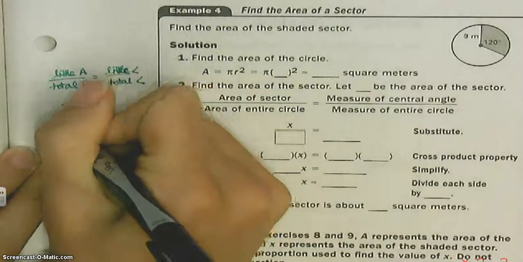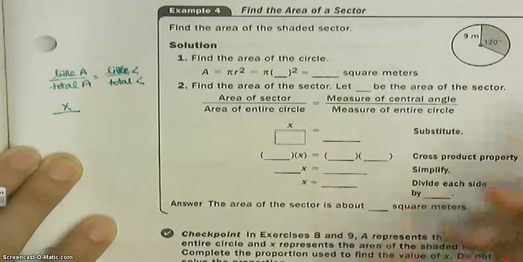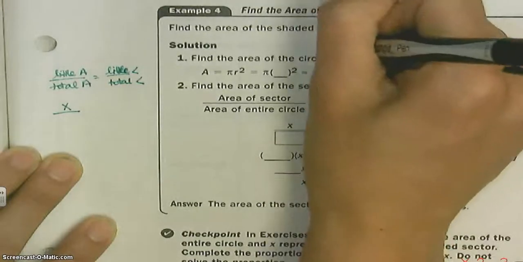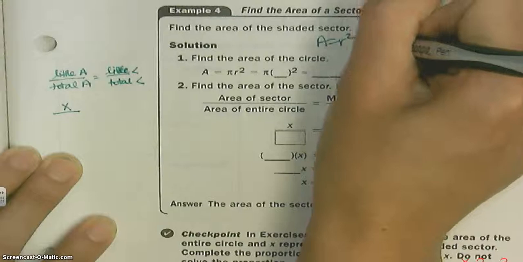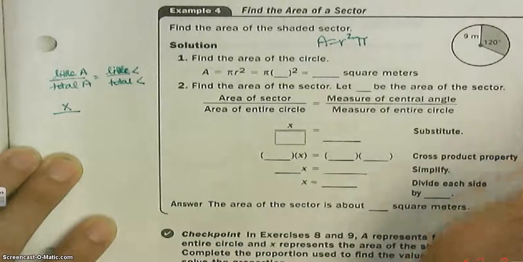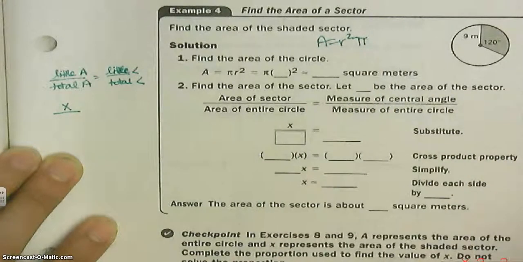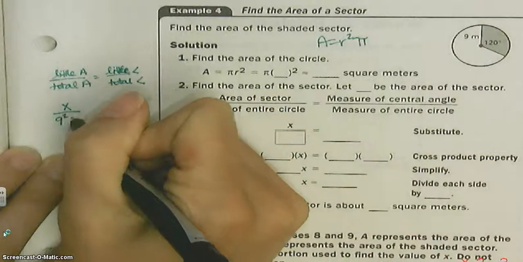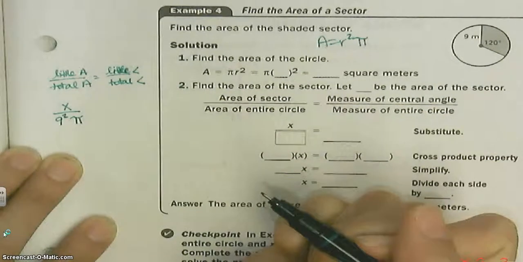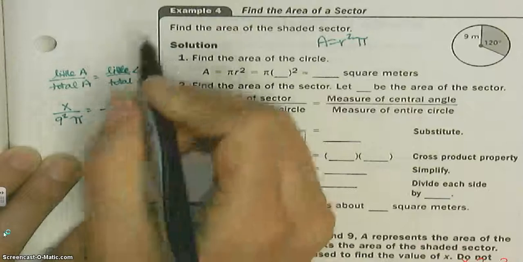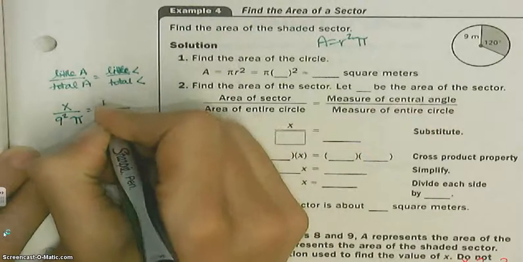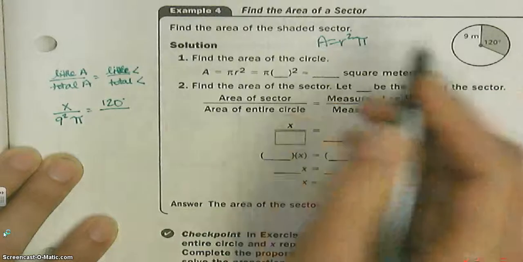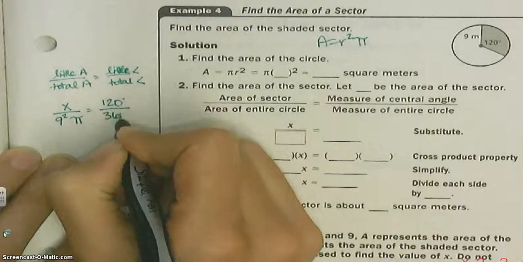That's what we're trying to find. That's x. What's the total area here? Well, we know that area is r squared pi. So what's my radius? My radius is 9. So I'm going to do 9 squared pi. And then my little angle is 120. And what's my total angle here? Well, you should know that there's 360 degrees in a circle.